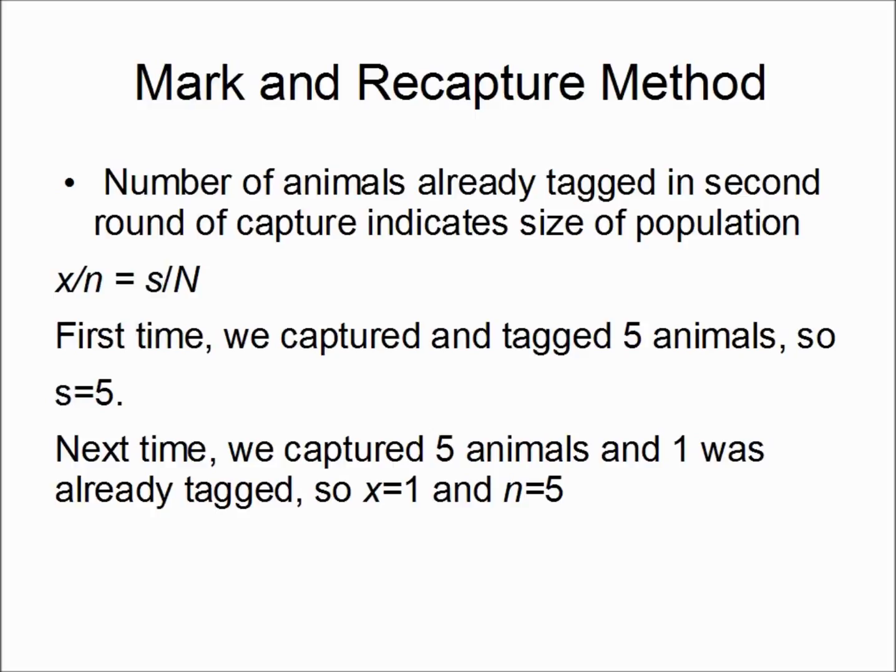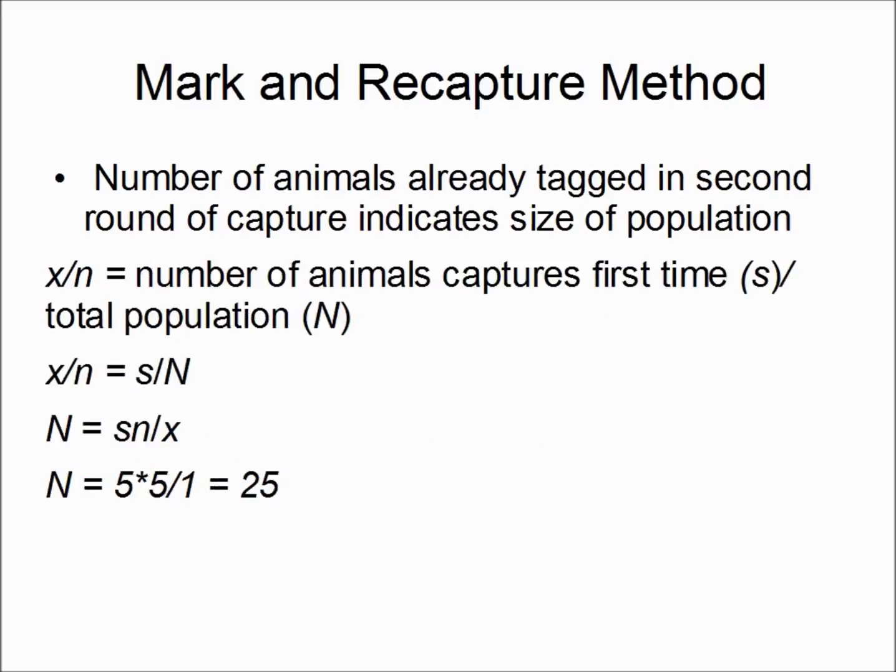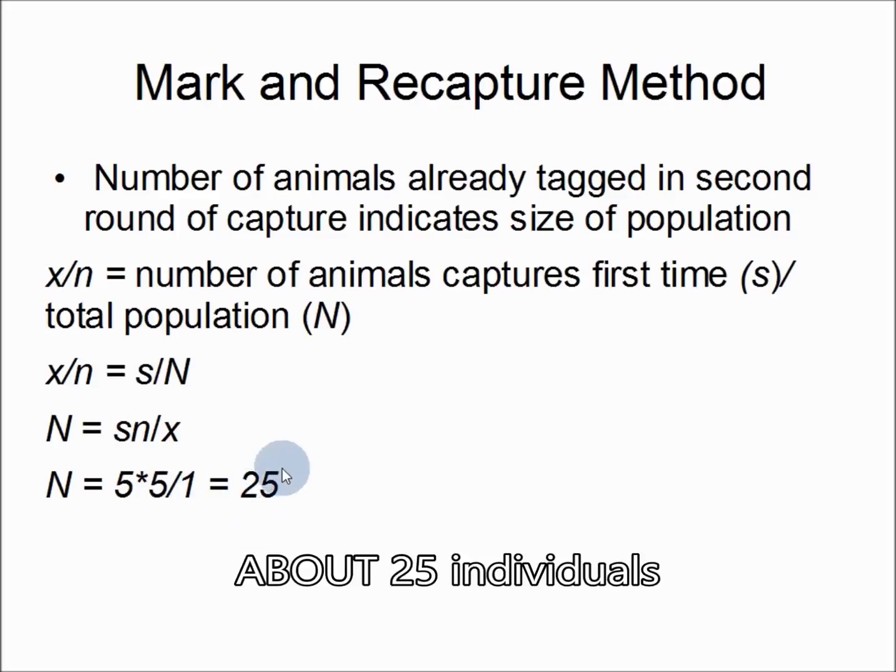So now we can plug the numbers into the equation and find out how many individuals are in this population. Capital N equals s times lowercase n divided by x. We know that s equals 5, lowercase n equals 5, and x equals 1. So we have 5 times 5 divided by 1, and that gives us 25. So we can assume there are 25 individuals in this population.